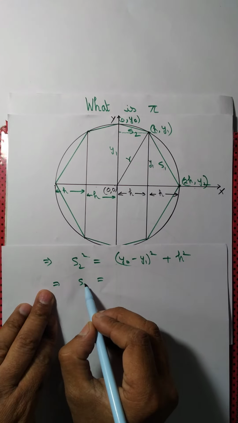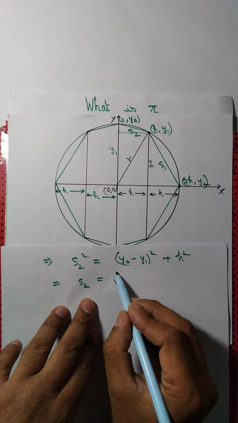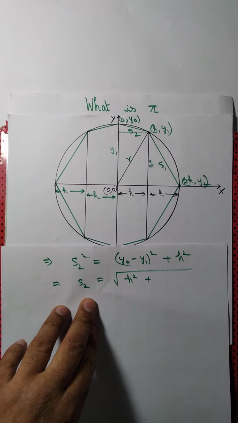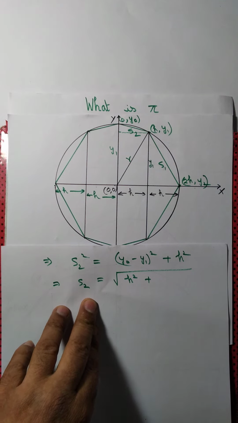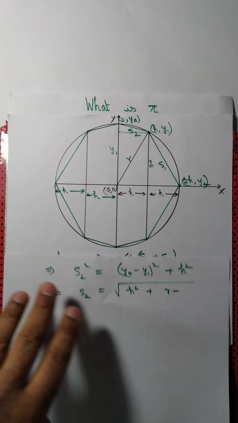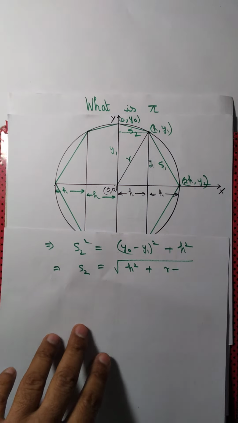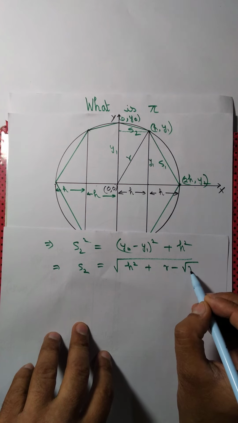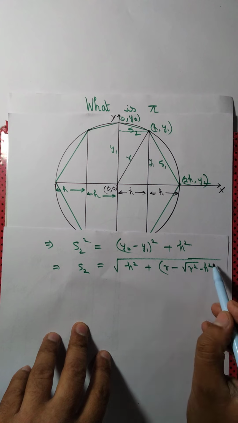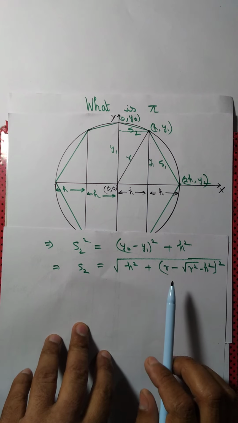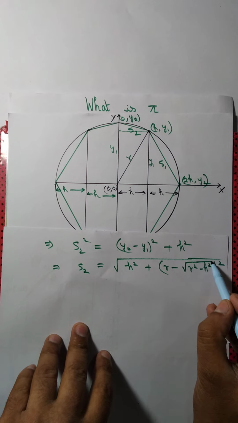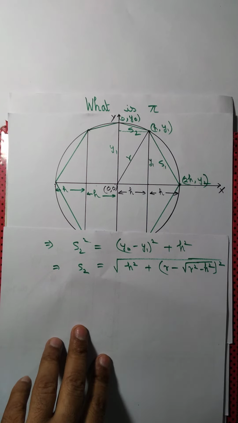This implies S2 must be equal to root over h square plus r minus, we have just computed y1 equal to root over r square minus h square, whole thing square. y1 turns out to be r square minus h square.